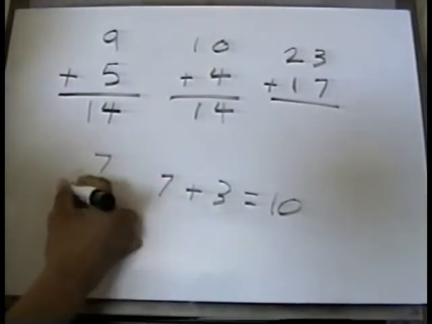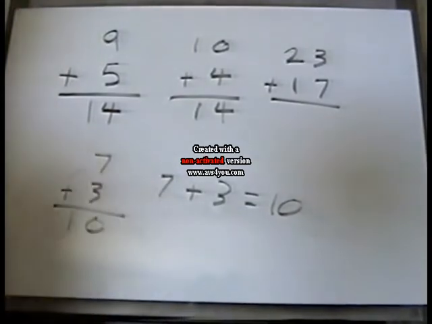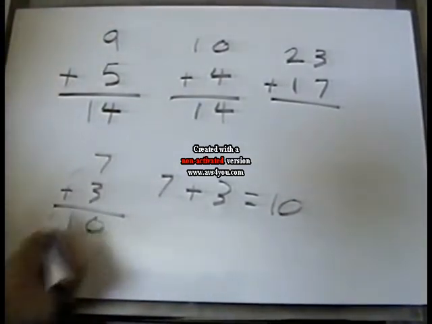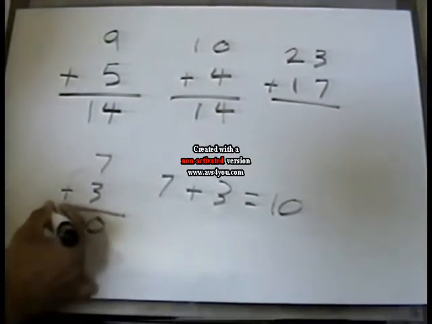So 7 plus 3, you know, is 10, okay? Or we would say 7 plus 3 gives us 10.